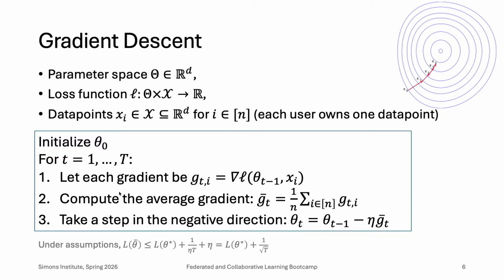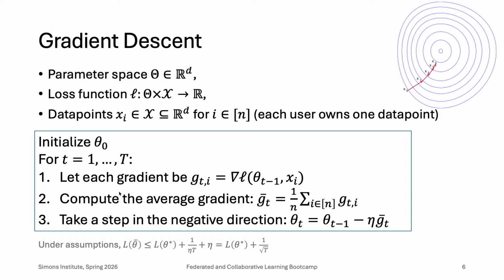Under several typical assumptions, the loss of the average iterate at the end, the sum of theta t's for t from 1 to capital T, is smaller than the best loss you could possibly get, plus 1 over square root t.